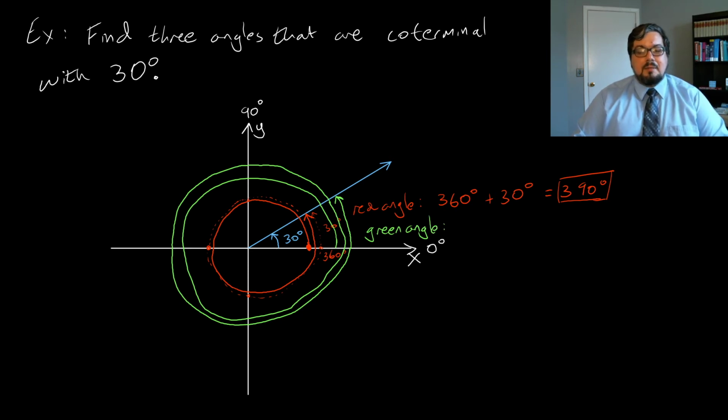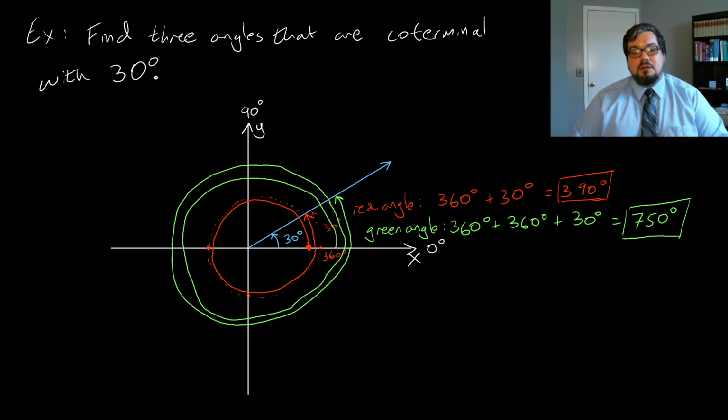It's going in the positive direction, so it's going to be positive, and it's going to be 360 degrees for the first revolution about the circle, plus another 360 degrees for the second revolution around the circle, plus 30 degrees for the blue angle in order to catch back up with what the blue angle did. And so that whole thing is going to be 720 degrees plus 30 degrees, which is 750 degrees. So that gives us 2.